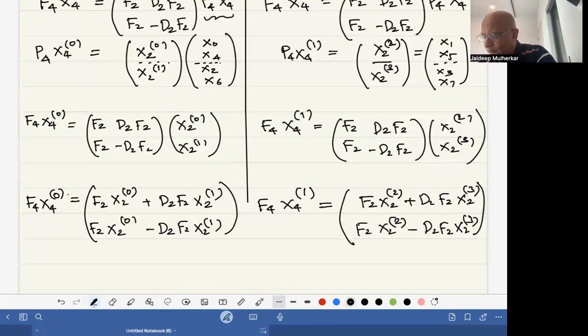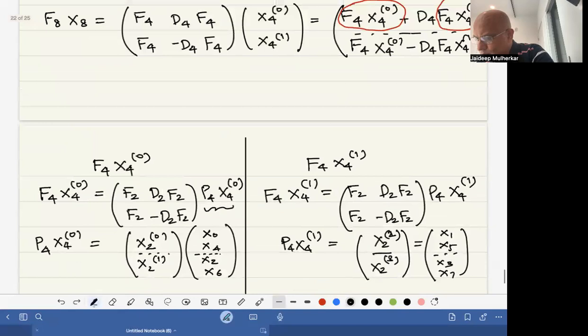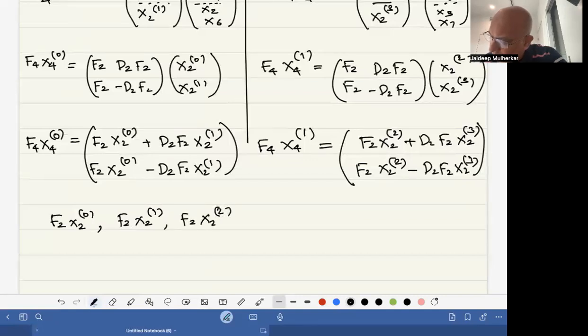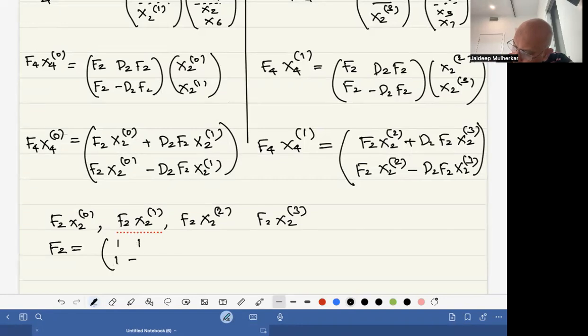And then finally, we have to compute these F2 x2 of 0, F2 x2 of 1, F2 x2 of 2, and F2 x2 of 3. But we know that F2 is equal to the matrix 1, 1, 1, minus 1. So these are quite easy to compute.